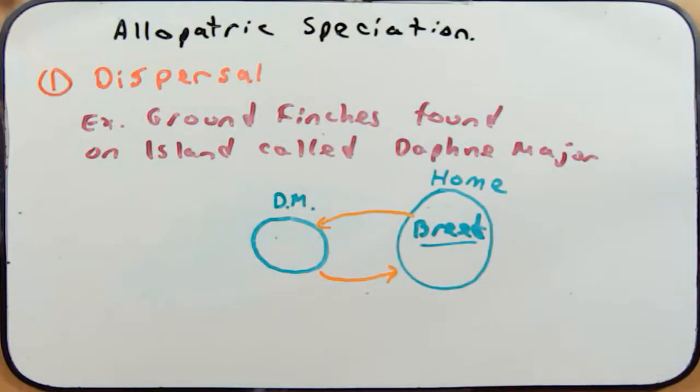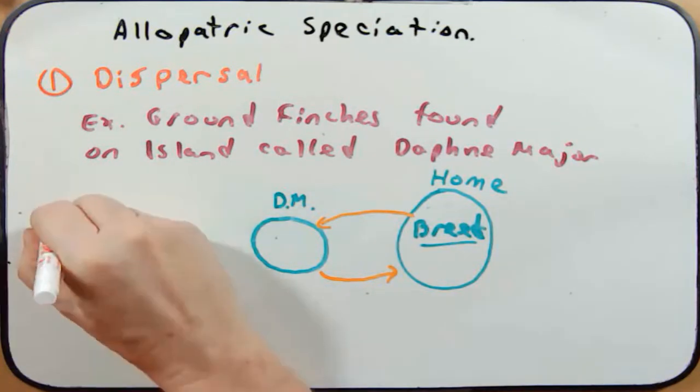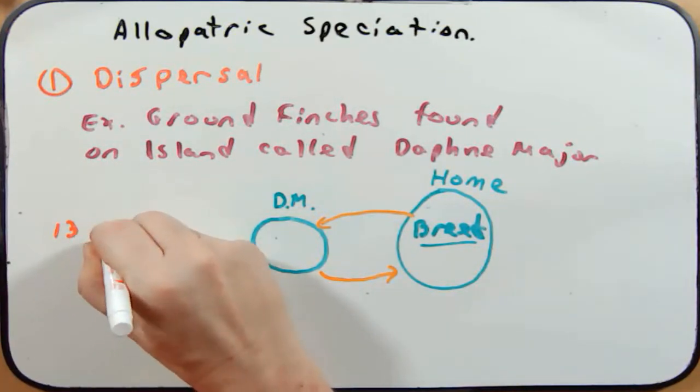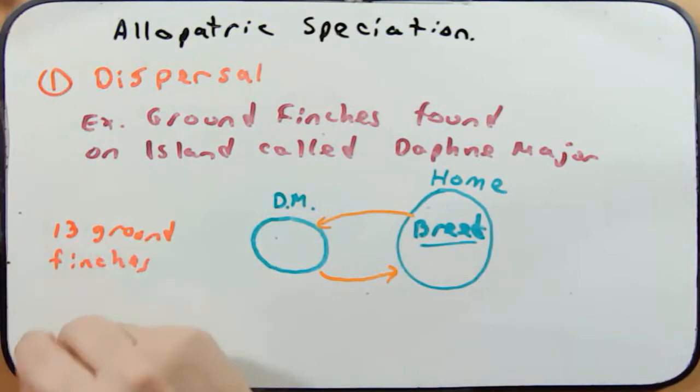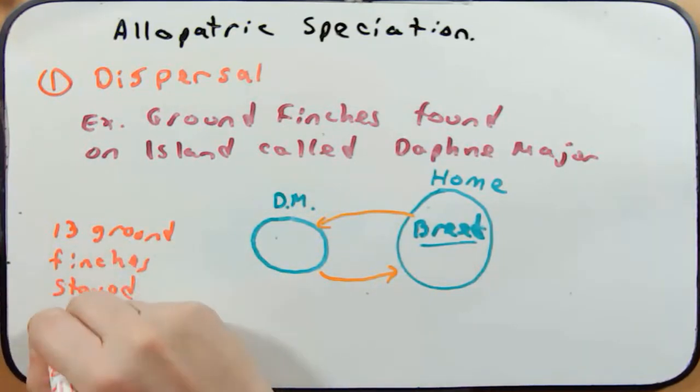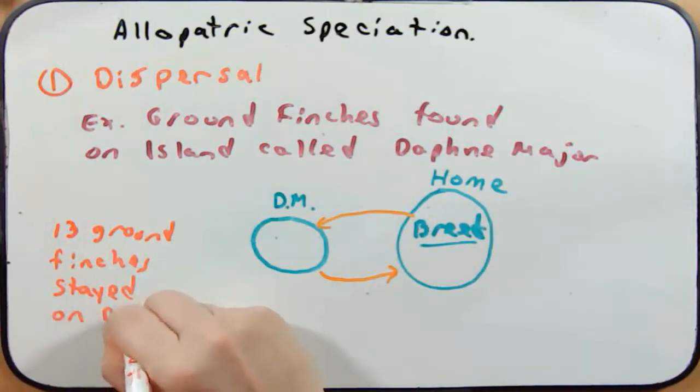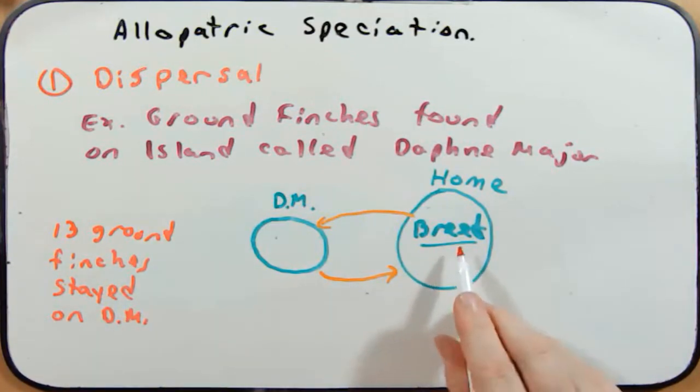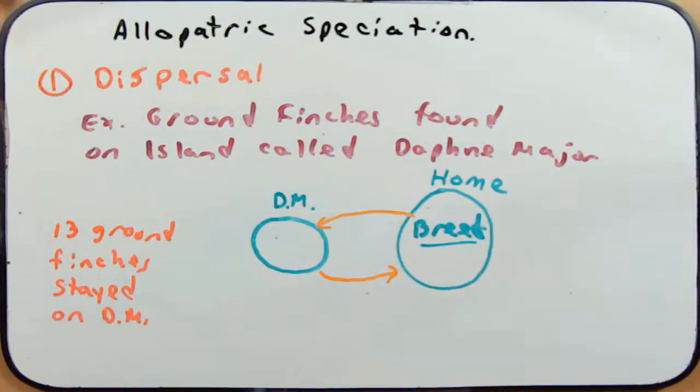Two scientists, Peter and Rosemary Grant, studied the finches on Daphne Major, and what they discovered was that one year, 13 ground finches stayed on Daphne Major. The rest of the population went back to their home island to breed. The ones that stayed on Daphne Major stayed there and bred. So let's put that here. Stayed on Daphne Major and bred with each other.